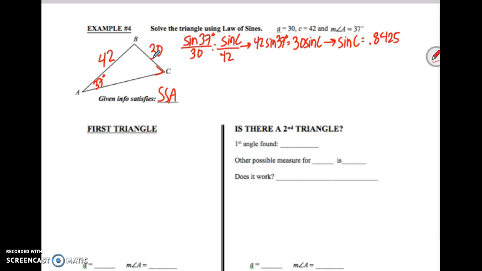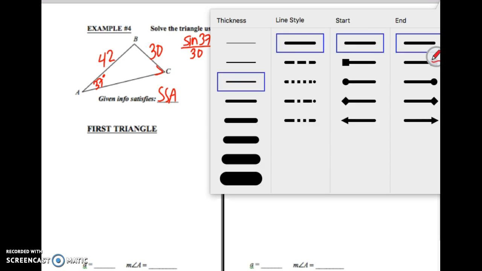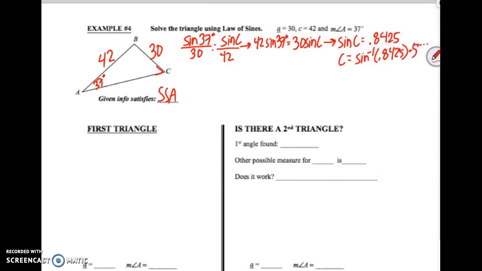And then taking the sine inverse on both sides, we are left with C equals sine inverse of 0.8425, which is equivalent to 57.4 degrees. So we can write 57.4 degrees.